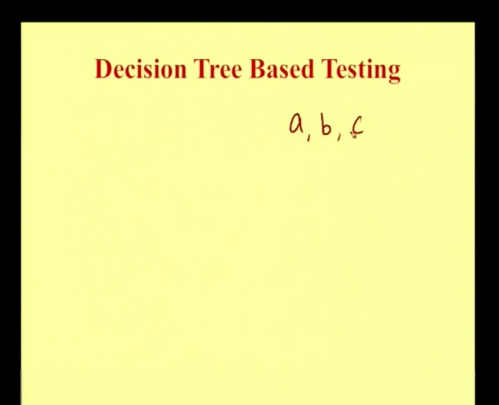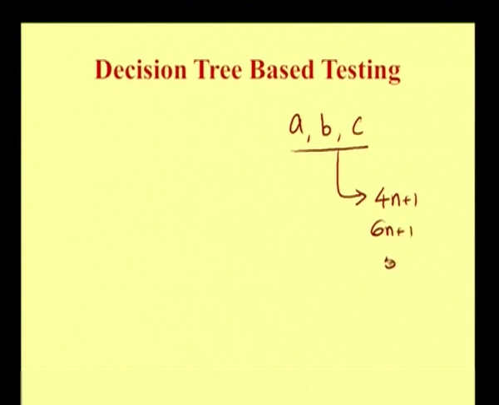Although these three values of a, b and c are three different variables, it is not just that we can derive from here directly 4n plus 1, 6n plus 1 or 5 to the power n, as of which I have referred boundary value analysis or robust or worst case testings can be done.